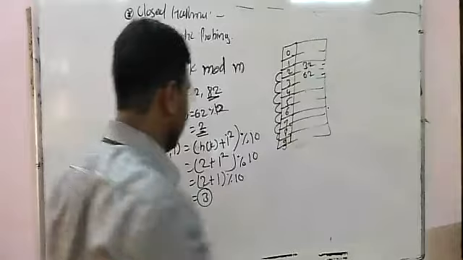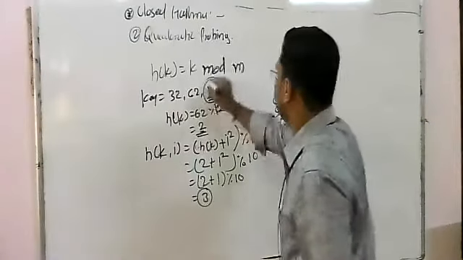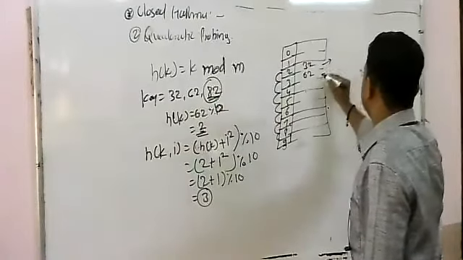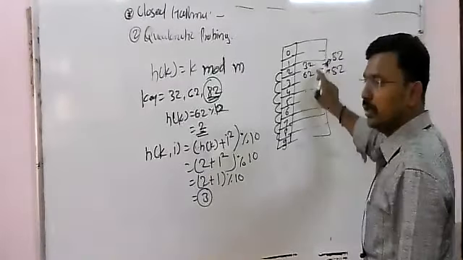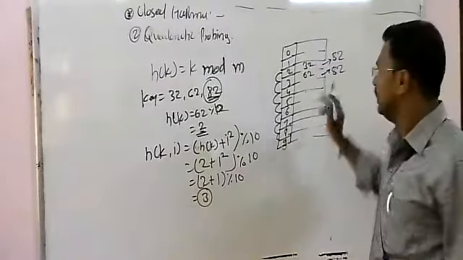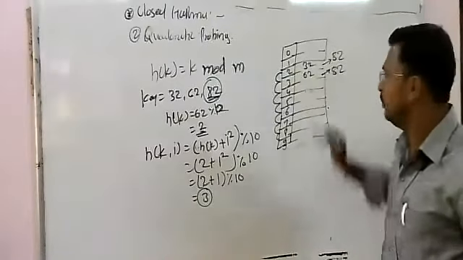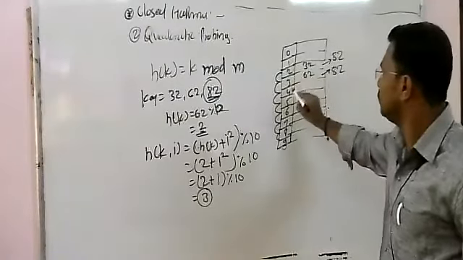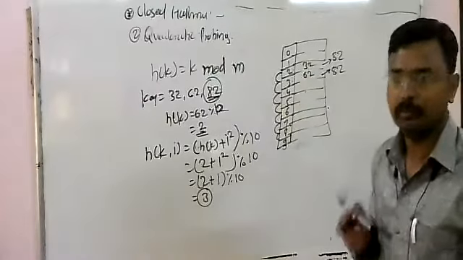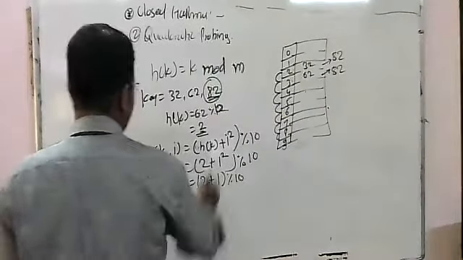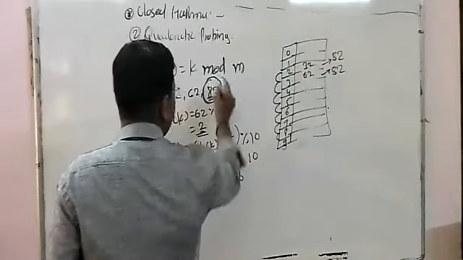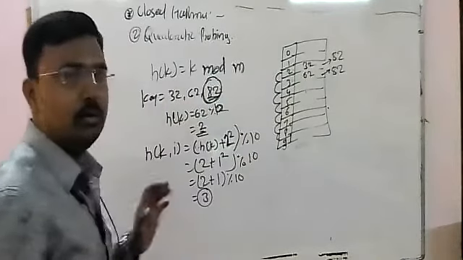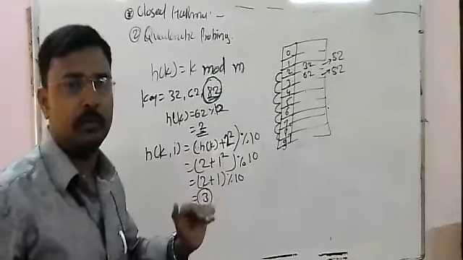Right, means what? Here, this 82 is having collision at index 2 for 32 and 62. Means this will make collision with index 2 also and index 3 also. Means here probe number is now 2. For 82, probe number is 2. See how to calculate probe number.